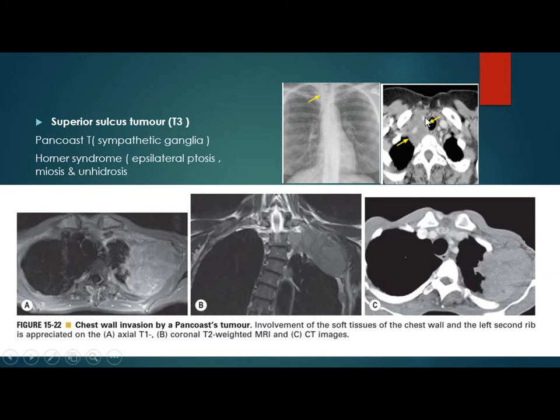This is a select image of the CT scan, showing consolidation with mass invading the wall, adjacent skull, and here also affecting, this is the MRI. This is affecting the chest wall, and here the CT shows it affecting the rib.